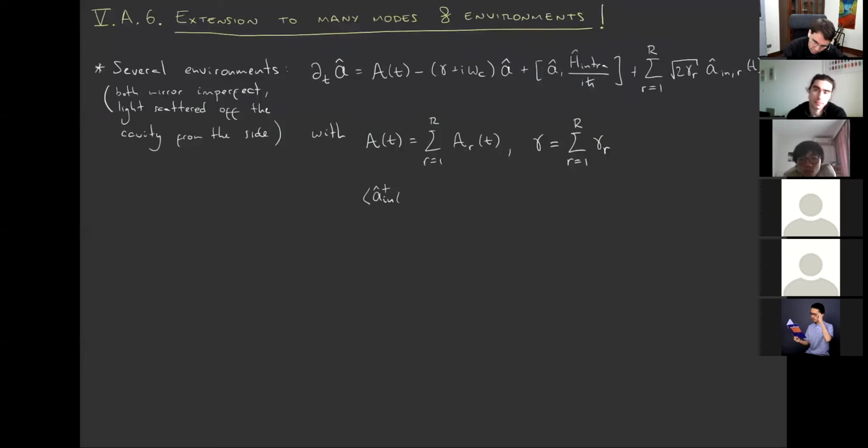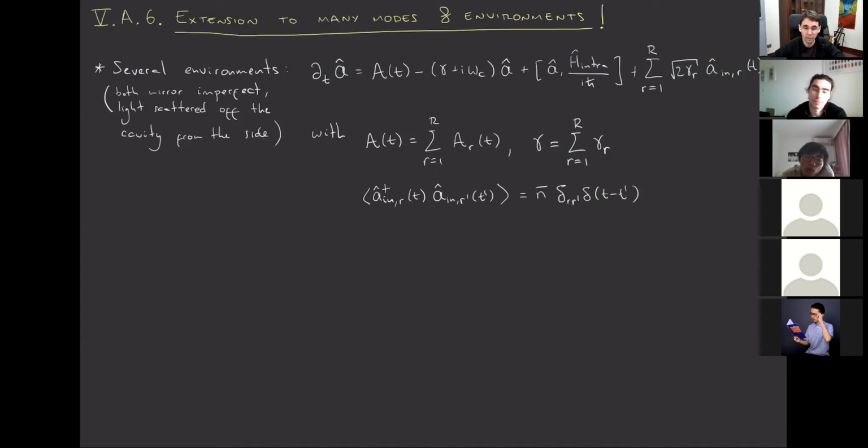The input operator of environment R at time t with the input operator of environment R prime at time t prime. This is equal to, of course, the thermal photon number, then the delta function of t minus t prime. But now, because they are independent, this will only be non-zero if R is equal to R prime, okay?